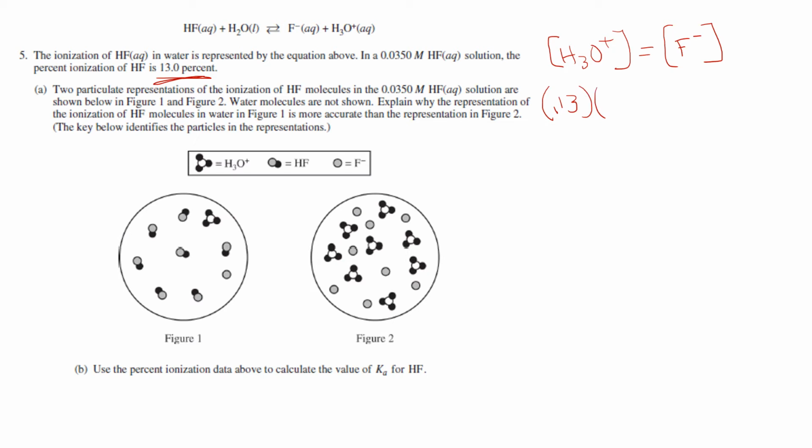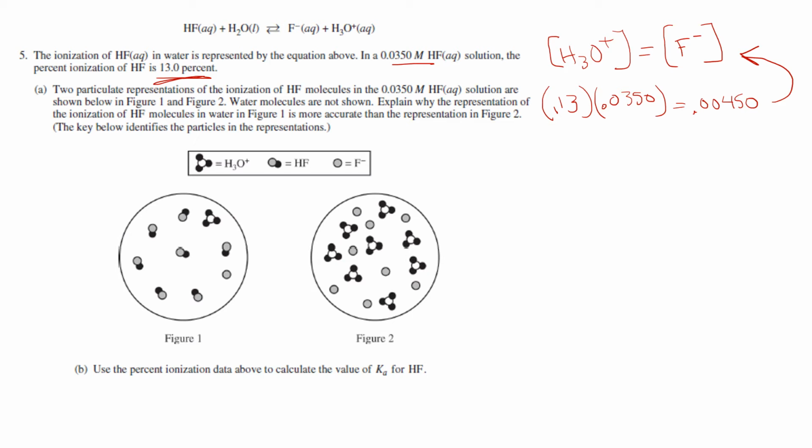If I multiply that by my initial concentration, which is 0.0350, that gives me a concentration of 0.00450, which is the concentration of both of those ions when it dissociates.